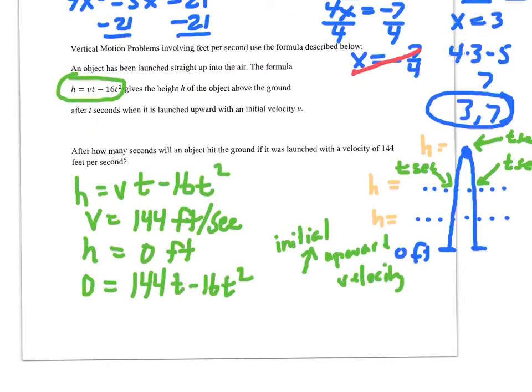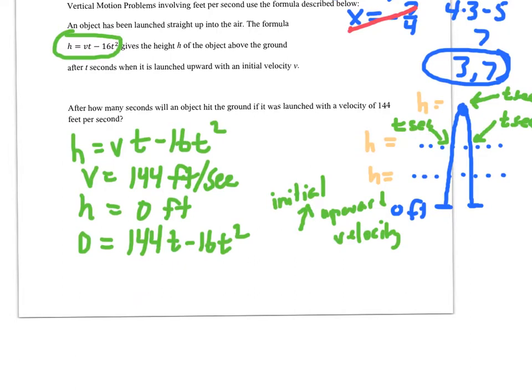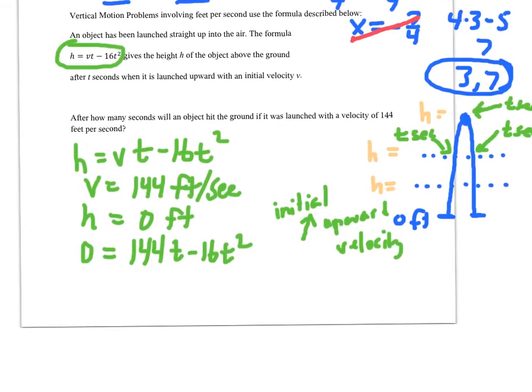So I'm going to solve this pretty easily by factoring. I have a common factor of 16. So I have 0 equals 16t as my common factor. And then I get 9, not t, I factored the t out of there. So I get 9 minus t.